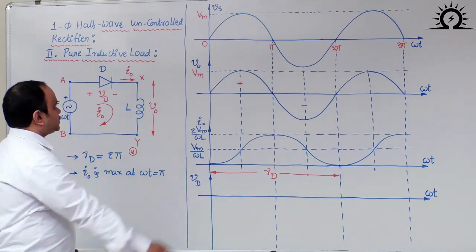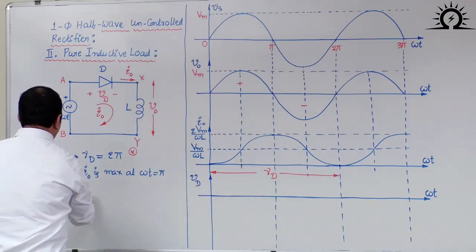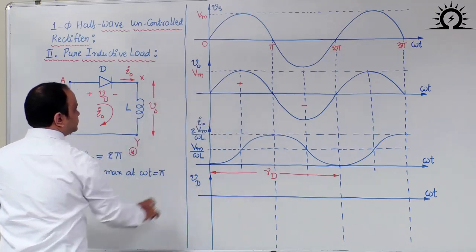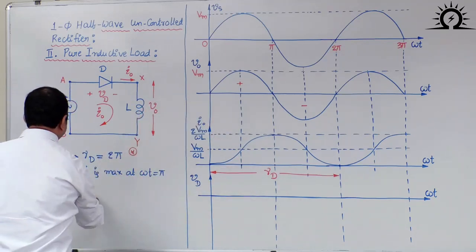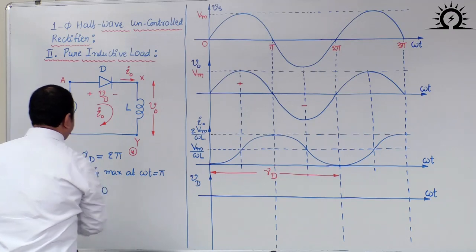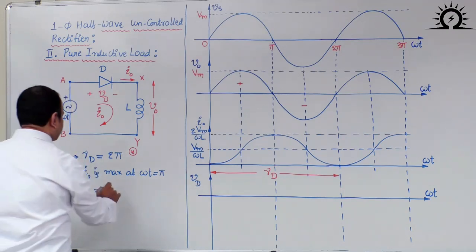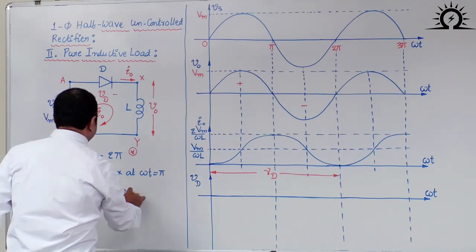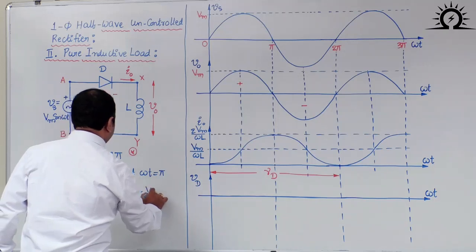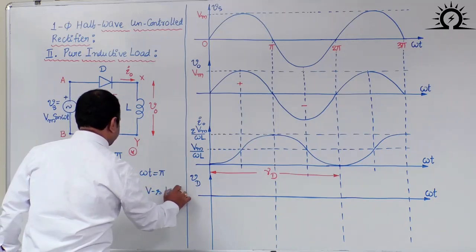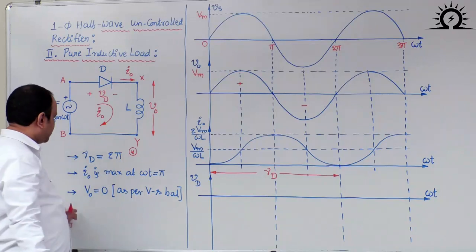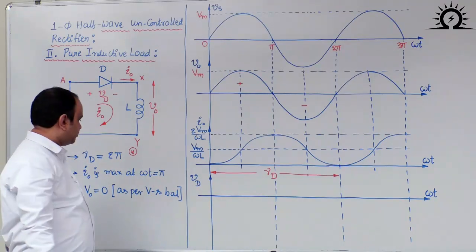Next, because of the pure inductor, we can write that the average output voltage is equal to 0. This is as per volt second balance.